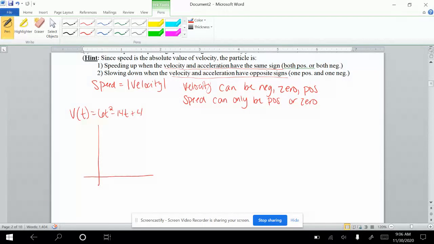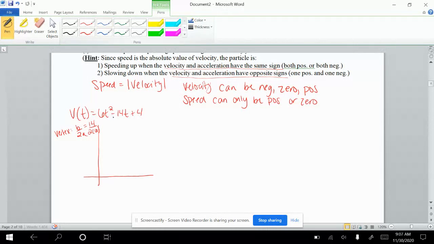I'll just real quick tell you here, your vertex is found by taking b over 2a, plus or minus depending on what we're doing. In this case, we've got 14 over 2 times 6.